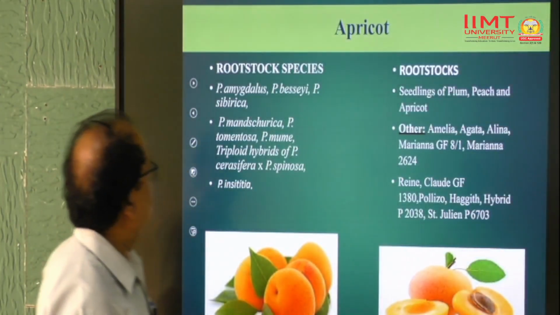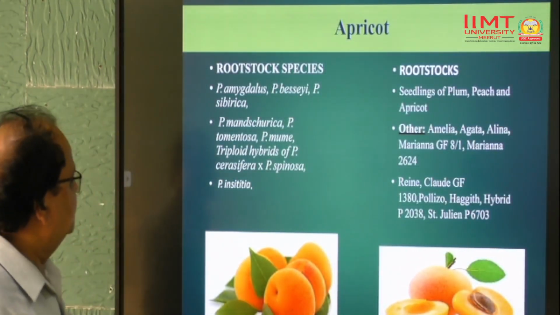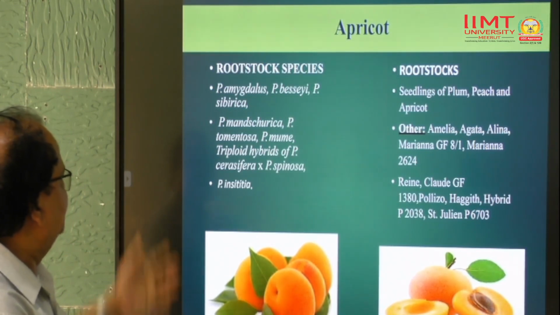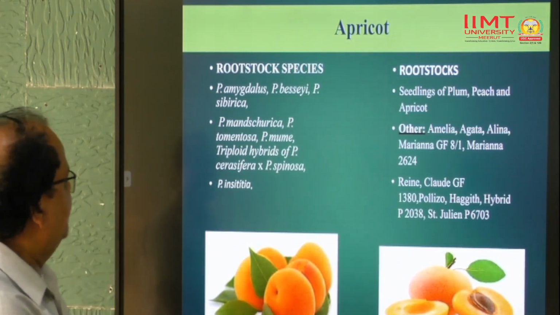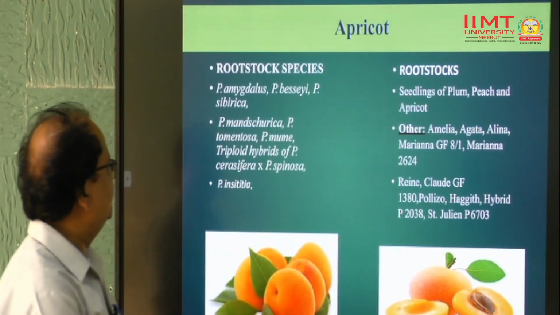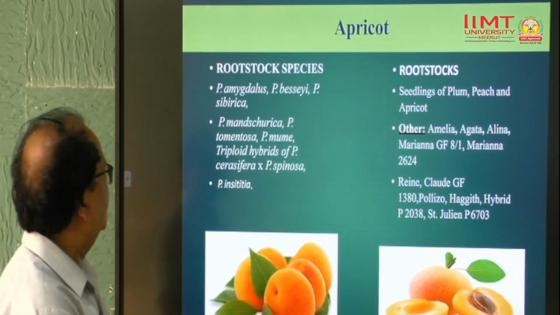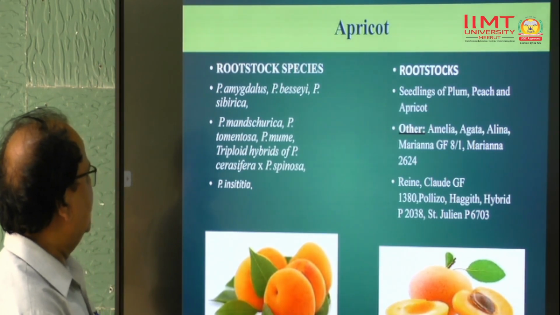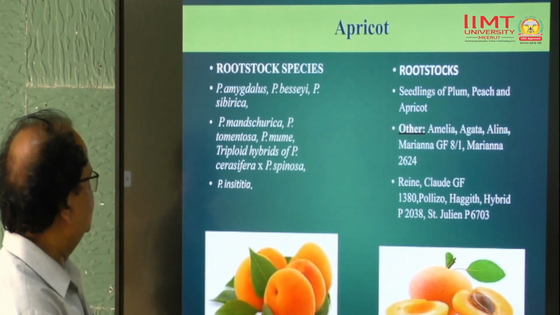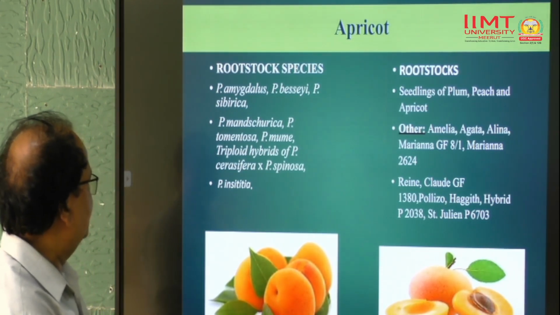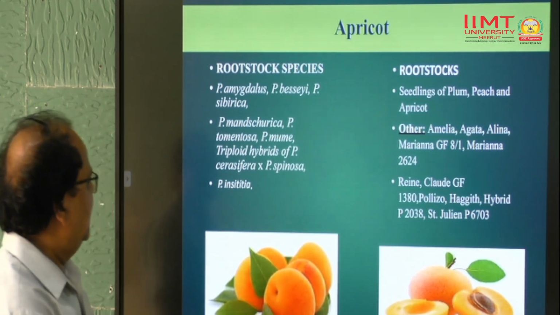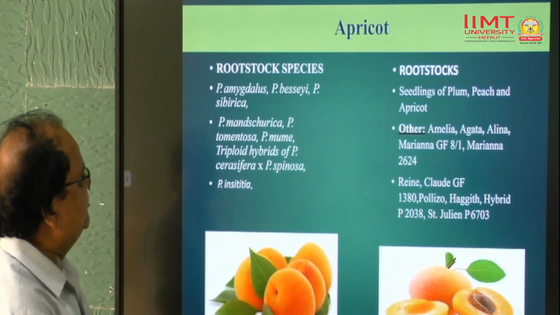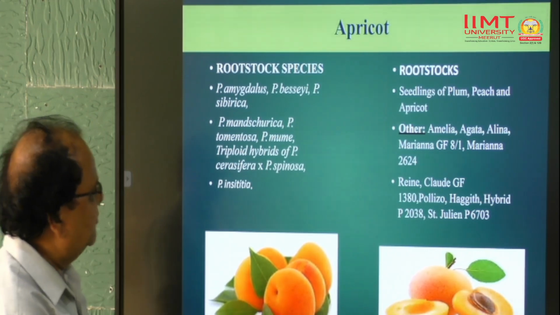For rootstocks of the apricot, we have Kumani, Prunus amygdalus, Prunus besseyi, Prunus sibirica, Prunus manchurica, Prunus tomentosa, Prunus mume, and diploid hybrids of Prunus cerasifera and Prunus spinosa, which are used as rootstocks for the apricot.